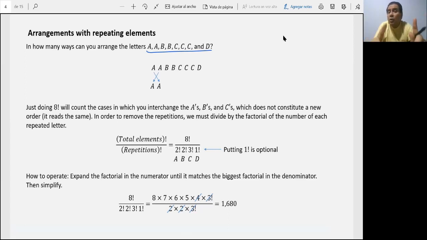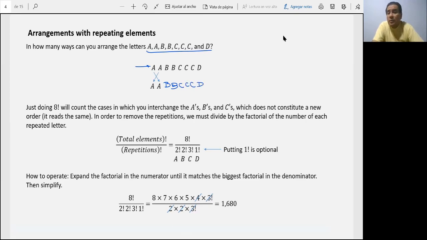But this also includes those cases in which you interchange the A's or the B's or the letters alike among one another. So those special cases don't constitute a new arrangement because they read the same, right? For example, in any given arrangement, you can swap the position of the 2 A's, but this would generate just the same arrangement.